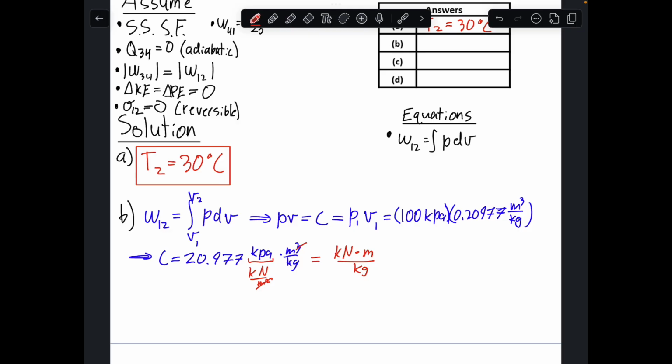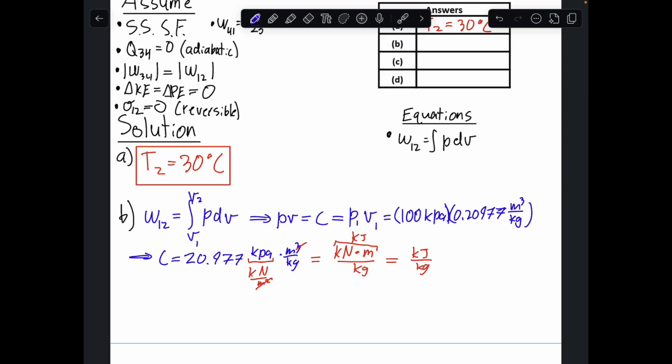And then we can realize that kilonewton times meters is kilojoules. So these units simplify to kilojoules per kilogram, which is our units for specific work. So those will be the units of our constant here. It's useful to do that because we'll use that later on once we plug this in.